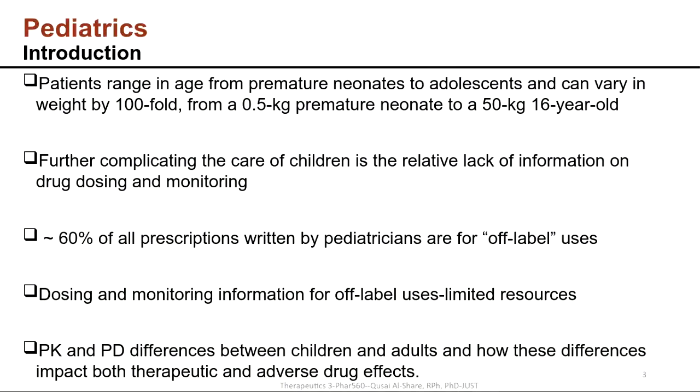Is this drug safe in children or not? That's the question. So in a study, they found approximately 60% of all prescriptions written by physicians are just off-label, which means they are not mentioned in the leaflet as an approved indication for that drug. Therefore, they're just using them as off-label.